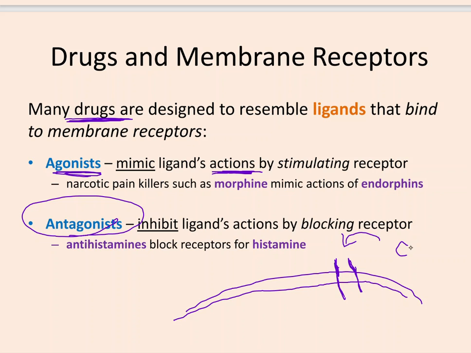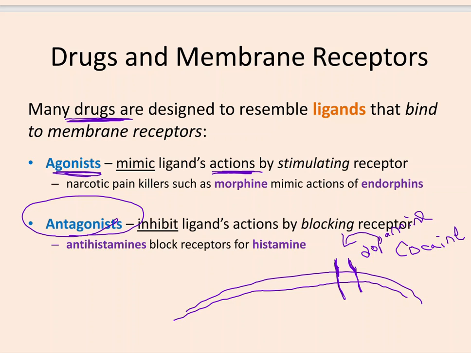So cocaine would be an example of a drug that is an agonist because it stimulates the receptor so that dopamine is received more strongly or more continuously and keeps giving you those euphoric symptoms that accompany cocaine use. Of course, that's going to have a lot of not good secondary effects.